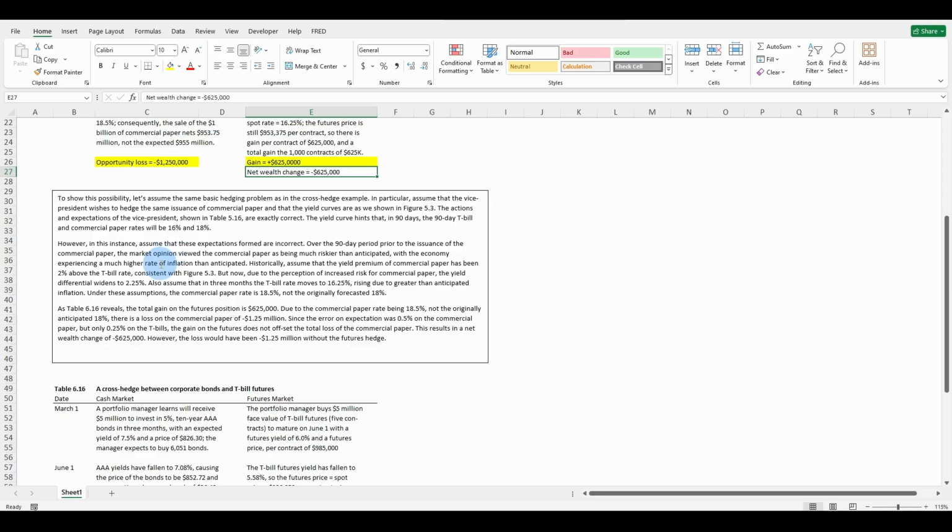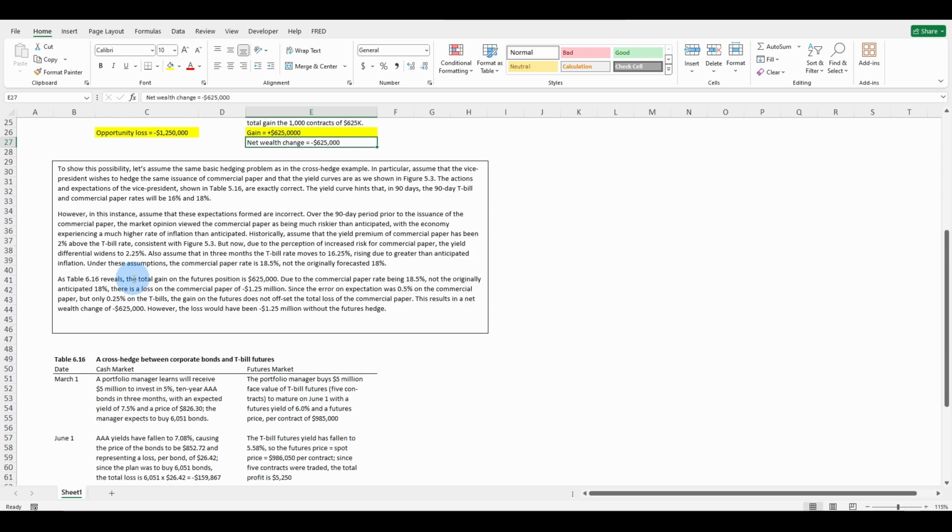Over the 90-day period prior to the issuance of the commercial paper, the market viewed the commercial paper as being much riskier than anticipated, with the economy experiencing a much higher rate of inflation than anticipated. Historically, assume that the yield premium of commercial paper has been 2% above T-bill rates, consistent with figure 5.3. But now, due to the perception of increased risk for commercial paper, the yield differential widens to 2.25%.